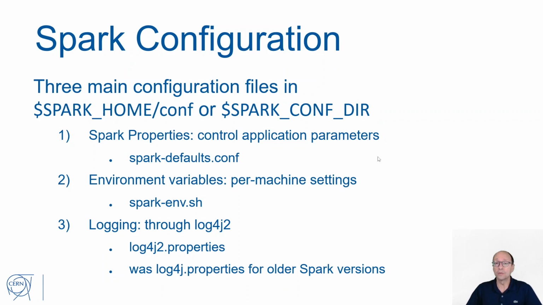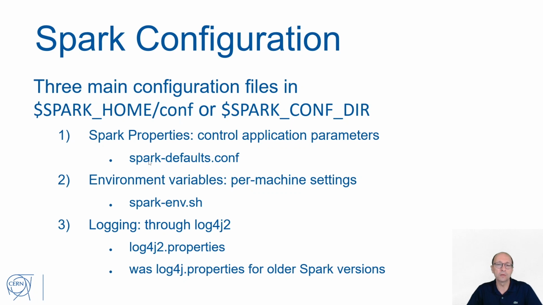So then you need to know more about the configuration if you want to be proficient on the usage of clusters. So the first thing I would like you to point to is the configuration files. So there are at least 3 main configuration files you need to be aware of. They are located under Spark home/conf, or if you set it, the Spark_conf_dir.